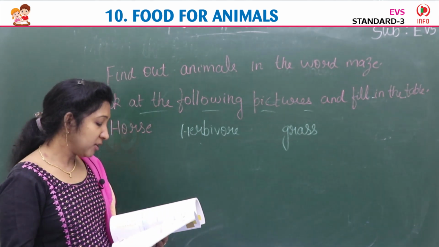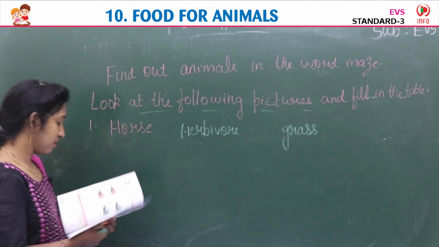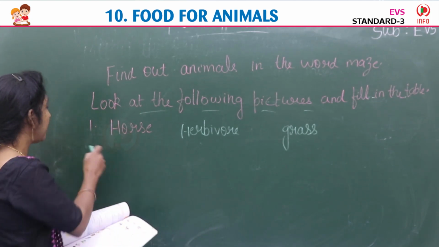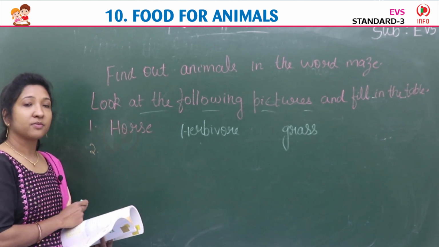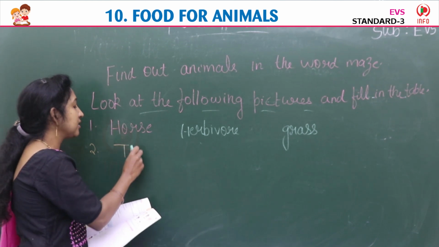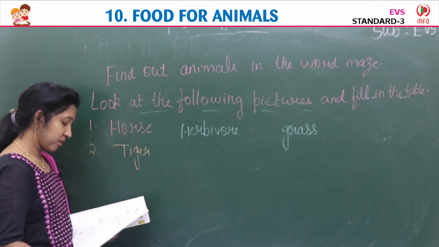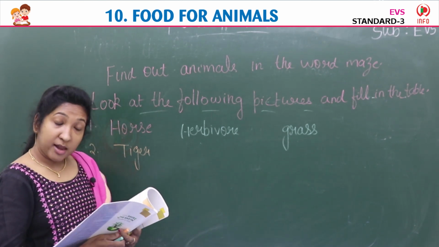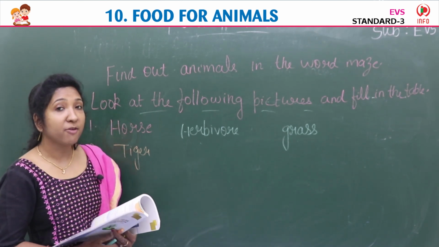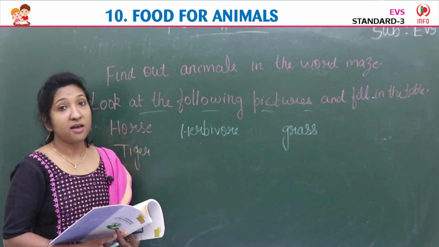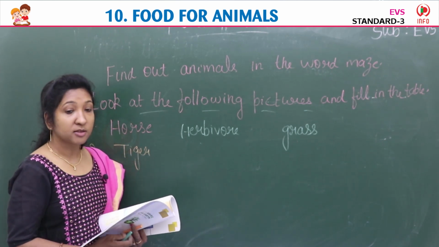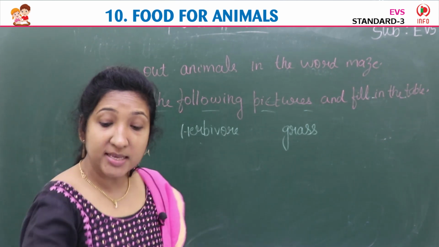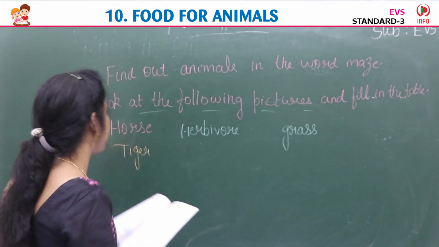Okay. Now coming to the next one. Which animal picture is given there? Yes, tiger. Okay. Tiger, is it an omnivore or carnivore or herbivore? It is a flesh-eating animal. So it is a carnivore.